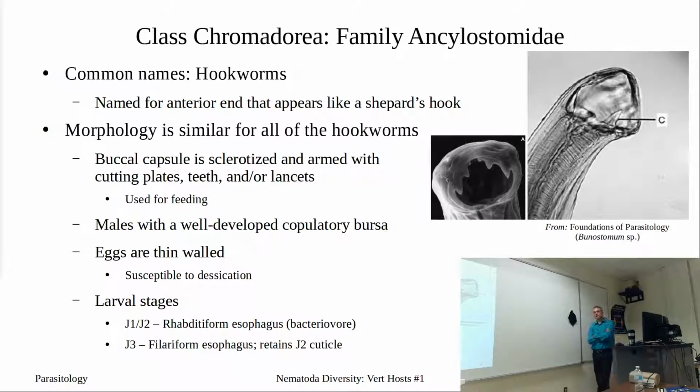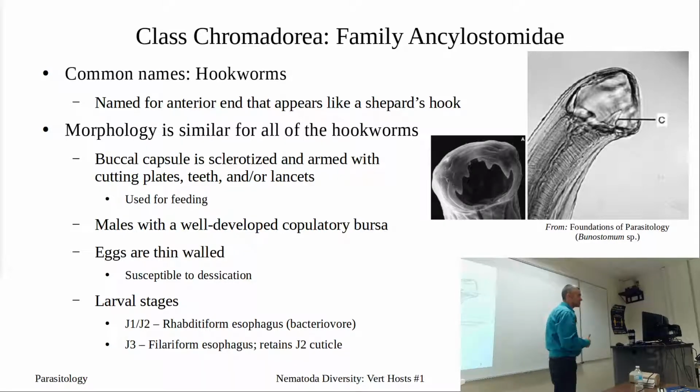Now, the morphology of the hookworms is similar across all of our species. I think you guys have seen this. We had Ancylostoma, Necator, we've got human Ancylostoma duodenale, and we've got caninum and braziliensis. The morphology is very similar in that we have some sort of sclerotized buccal capsule.